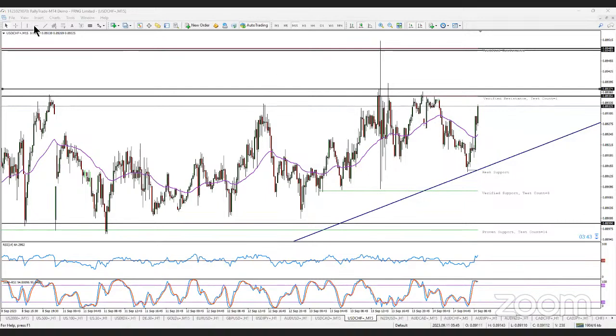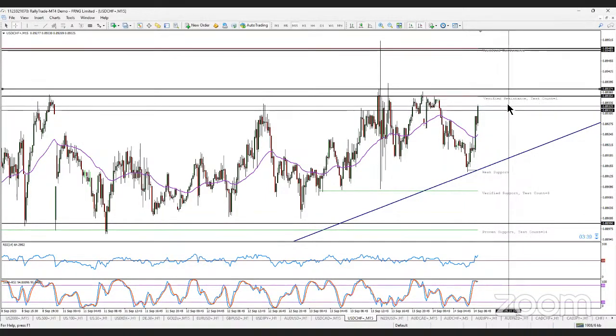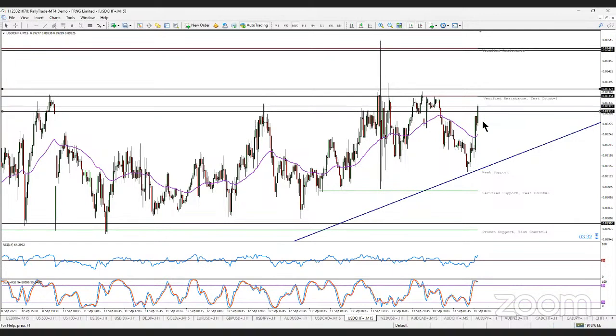Now for the sell, if price is not able to break and it starts to come down, you want to enter your sell at 0.89310, TP at 0.89243. That is my take on USD CHF.